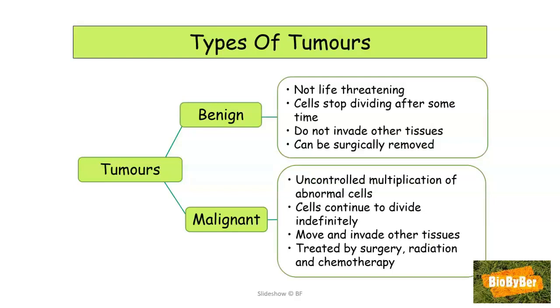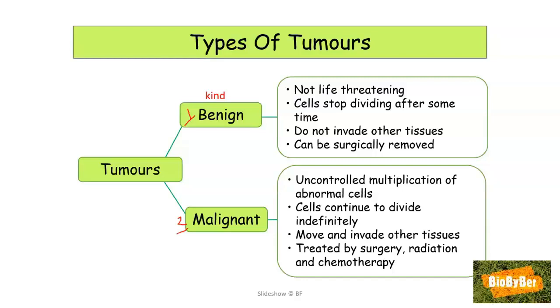Now, there are two types of tumours. There are benign tumours and malignant tumours. So let's have a look at each type in turn. Benign means kind. So benign tumours are a group of abnormal cells that are not life-threatening, because these cells stop dividing after some time.